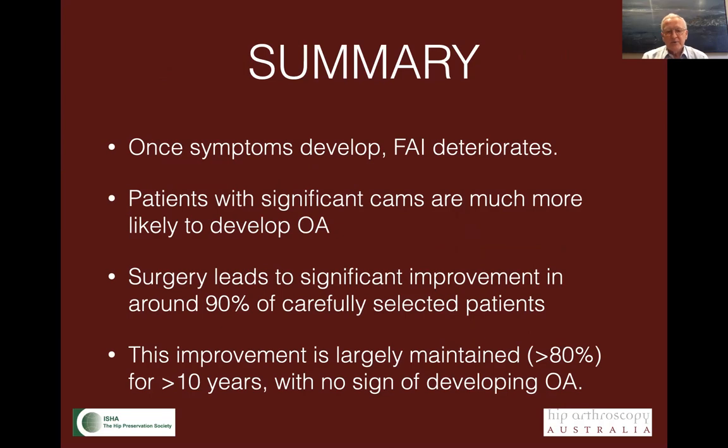And the more active the people are and the larger the CAM lesions are, the more likely that association will be present. Surgery leads to significant improvement in around 90% of carefully selected patients. This improvement is largely maintained, greater than 80%, for at least 10 years, with no sign at that time of developing osteoarthritis. So that would certainly seem to be a significant improvement.